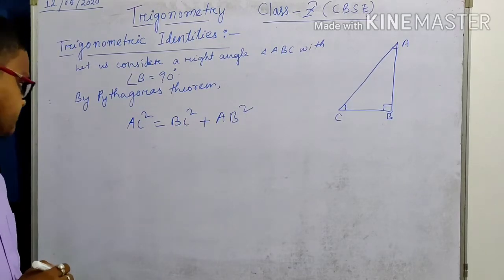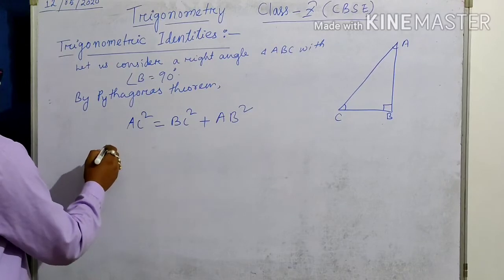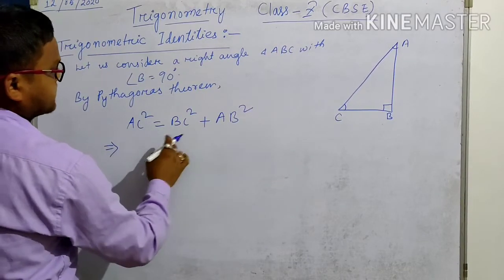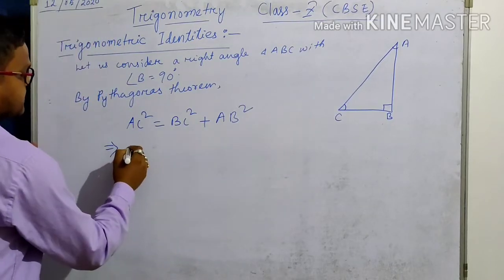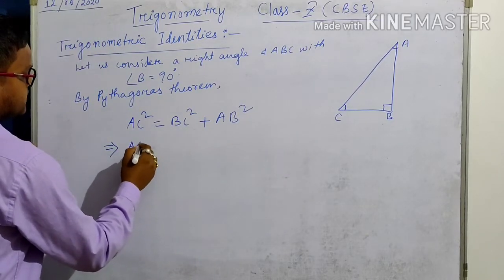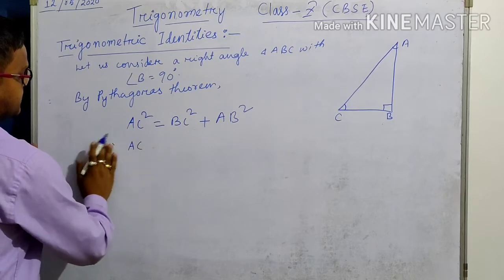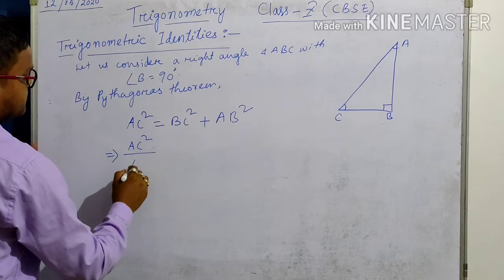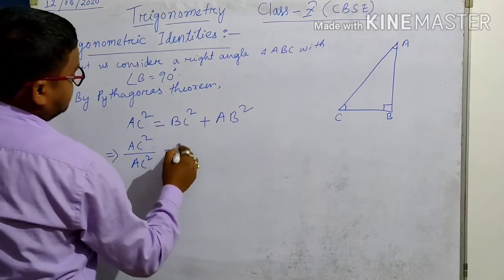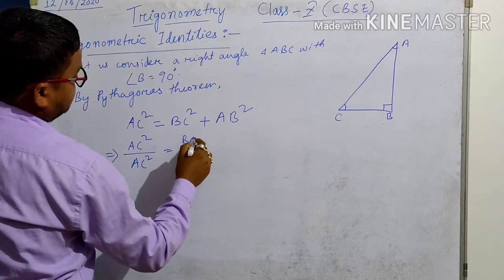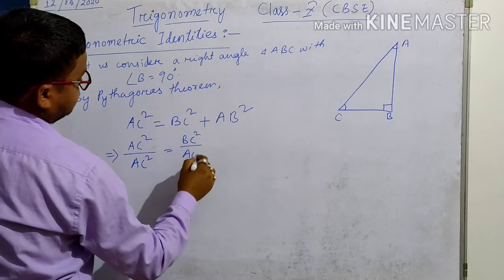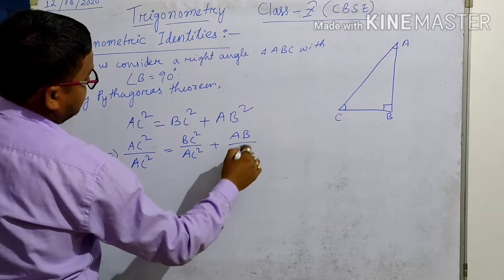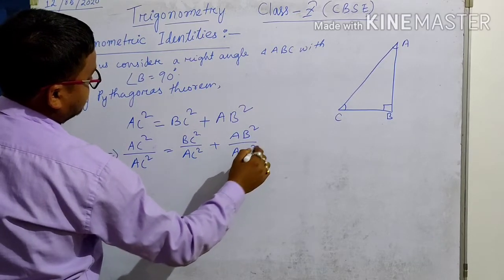So now what do I do? You divide both sides by AC square. Here you divide BC square by AC square, and here you divide AB square by AC square.